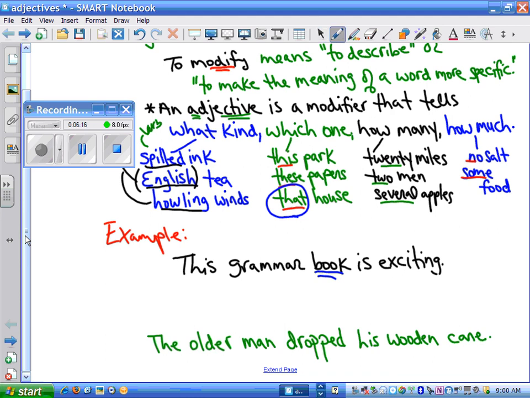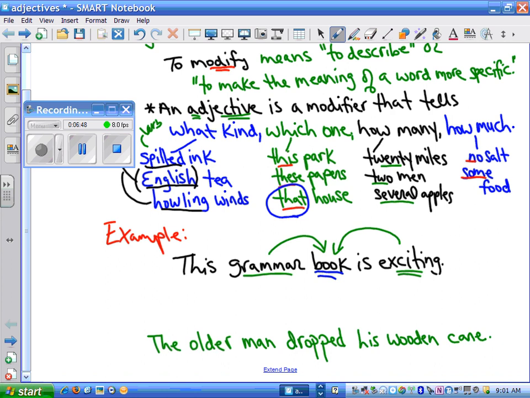Let's start with exciting. What kind of book is it? It is an exciting book. Okay? But we can further talk about what kind of book it is. It's not just any book. It's not a novel. It's not a book of poetry, although we might wish it were a book of poetry. No, it's a grammar book, and an exciting one at that.